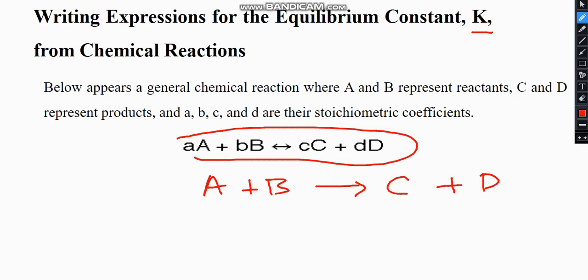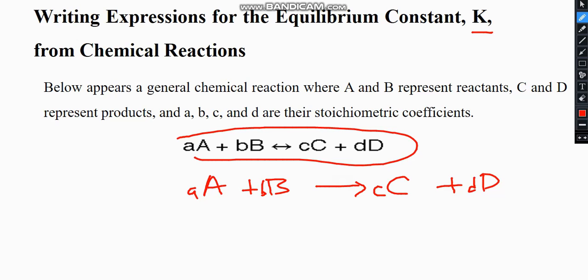The small letters are helping us to know the stoichiometric coefficients of each species in the equation. So we have small letter a, small letter b, small letter c, and small letter d. These are simply helping us to know the stoichiometric coefficient of each and every species in this equation.